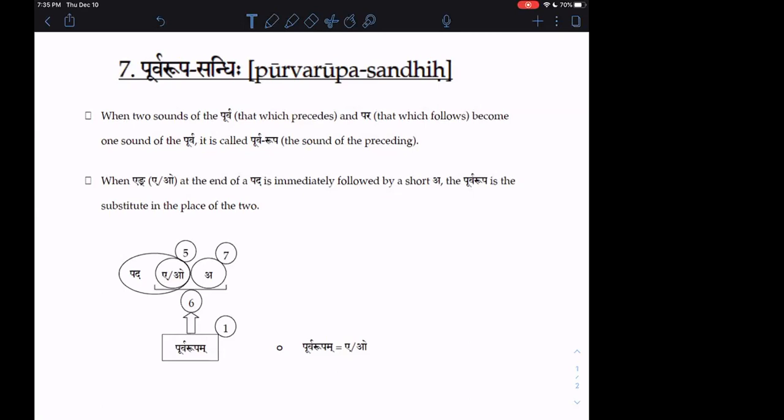So when I have two sounds, I have a purva and a para, when they become one sound of the purva, it's called purvarupa. Basically what's happening is A plus B equals A. We're just taking the previous sound.